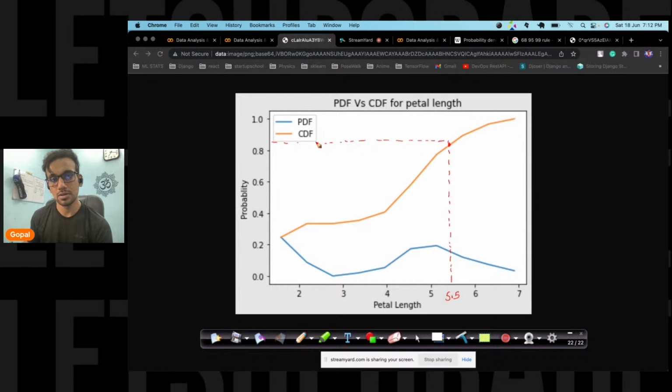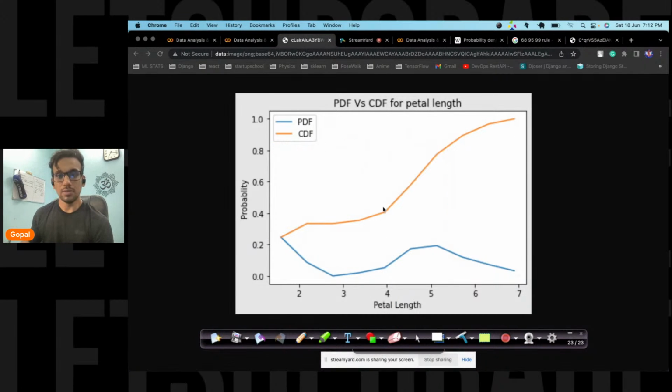For this one, we have around 0.82, and we have got here 5.5. So 82% of my data is not going to exceed 5.5 centimeters in petal length, of course. That's how you can read it. We just discussed how exactly you can read PDF and CDF plots.